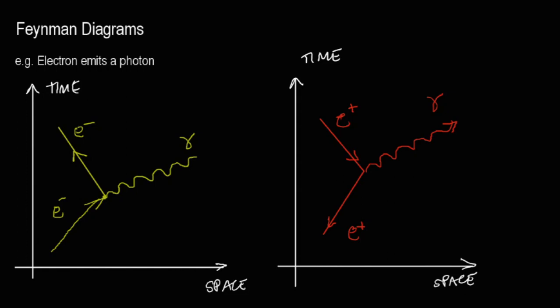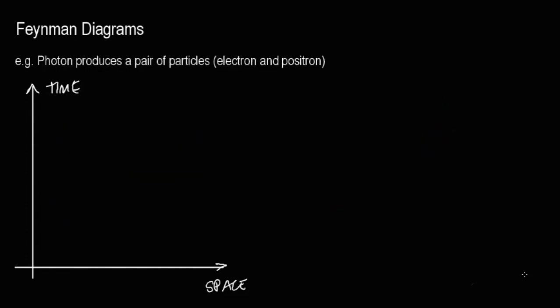Now, what if we were discussing a pair production? So, in this case at first, we only have a photon just wandering in space, and then suddenly it's going to produce a pair of particles. So there will be two particles here.